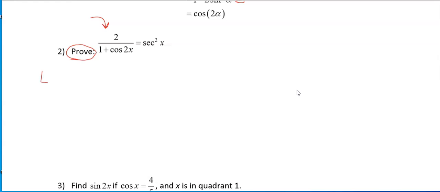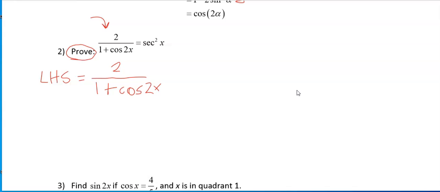So let's start this proof by writing down what the left-hand side is equal to. And remember, we're going to use other identities that we've learned, basic trig identities perhaps, different formulas now that we've also learned about, just plain algebra. And we're going to try to take that left-hand side and simplify it. So we have 2 over 1 plus the cosine of 2x.